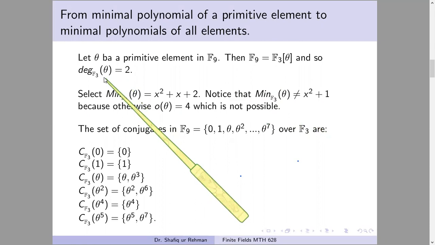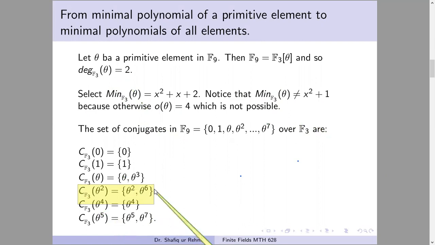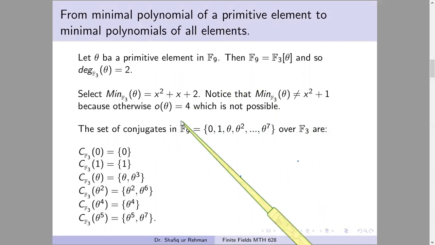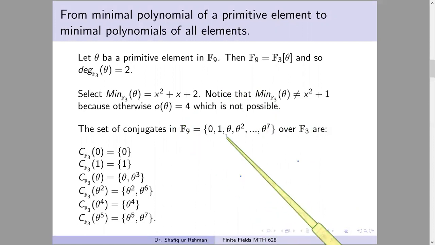That is, it is not true that every element of degree 2 is primitive. Maybe there are some elements whose degree equals 2, but they are not primitive. For example, you see these two elements have degree 2, but they are not primitive. So the main purpose of this calculation is to show you how to use the primitive element and its minimal polynomial to obtain the minimal polynomial for the remaining elements. So this we have done successfully.